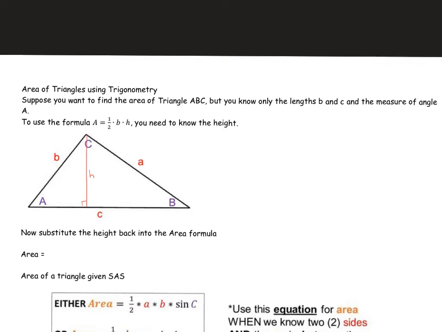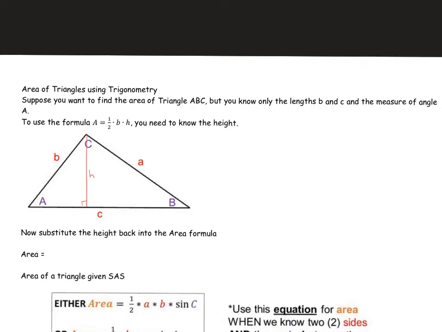To use the formula area equals 1/2 base times height, you need to know the height, h. You could draw in any segment perpendicular to find this height. How did we find the height in the past?